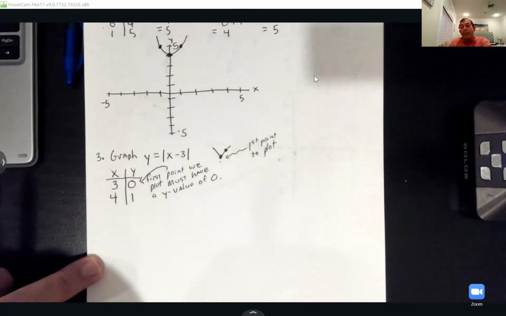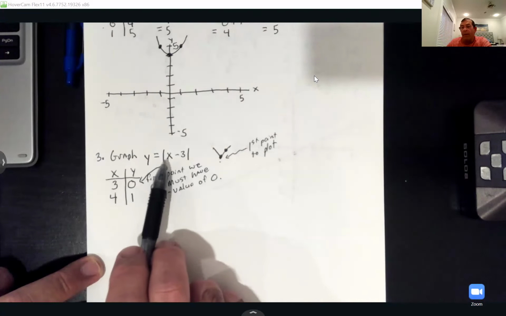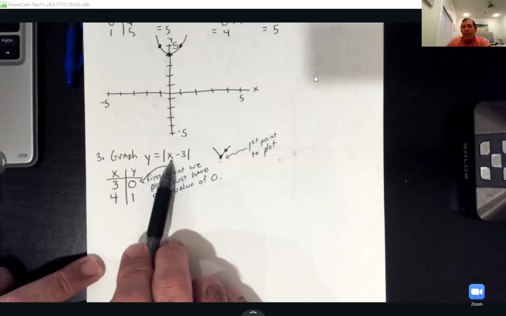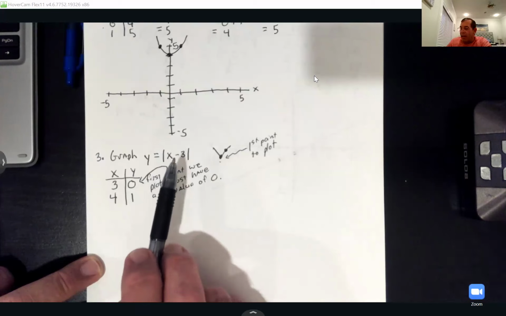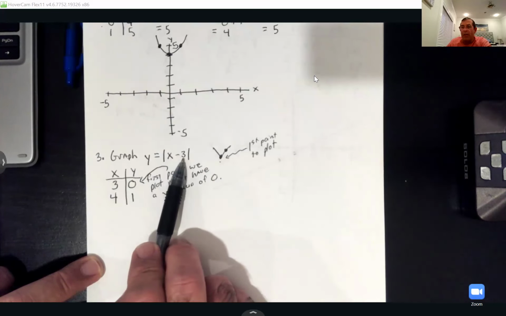And I'll tell y'all something else on this graph, y'all. Since there's nothing on the outside of these absolute value bars, every single y value you get better be positive on this one, okay?